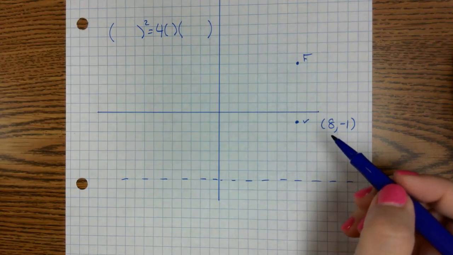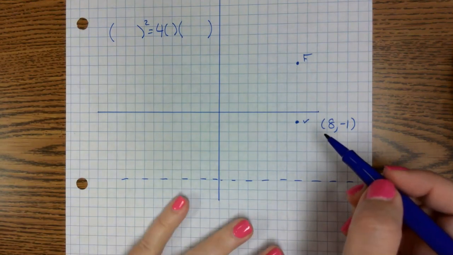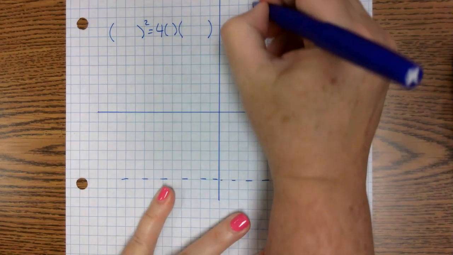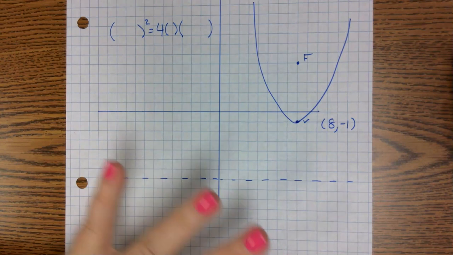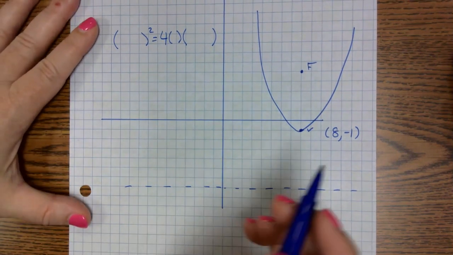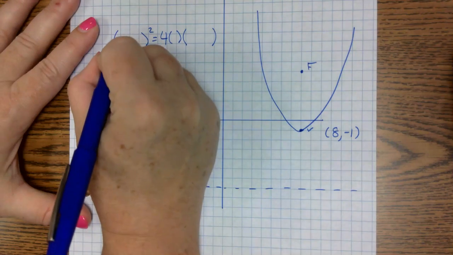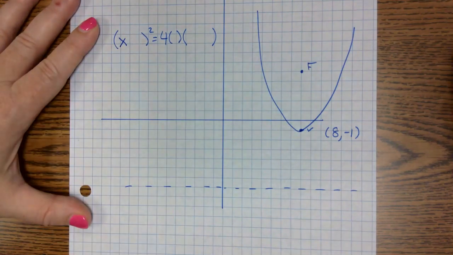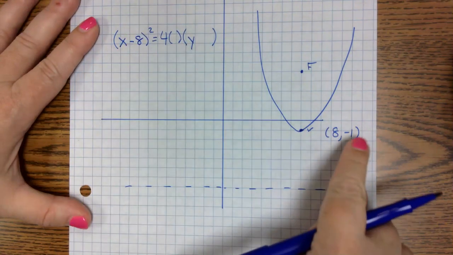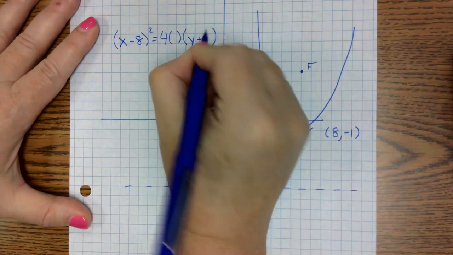It all goes to where our focus is in the graph. Since it's always inside, we open up. So what opens up? X squared or y squared? And you're right, it is the x squared. So that y goes there. So it's going to be -8 and +1.